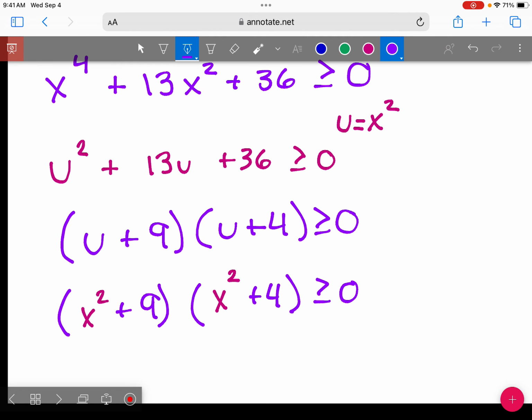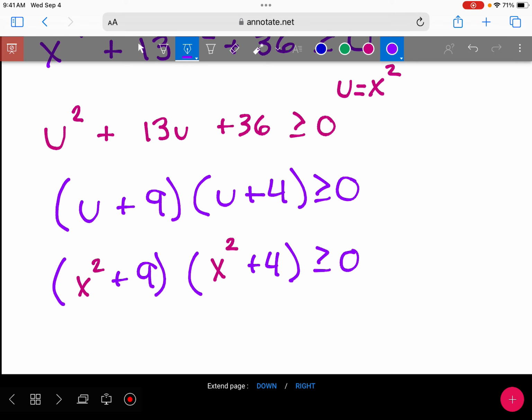Does anyone see why I put my u back right here? They are perfect squares. Are we looking for positives or negatives? Look at our inequality. Positives. We want the left side to be bigger than 0.